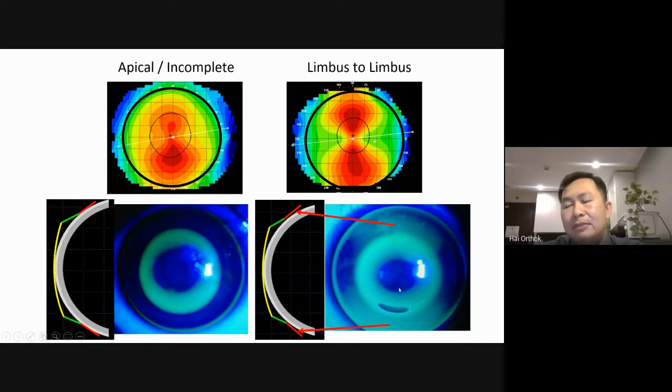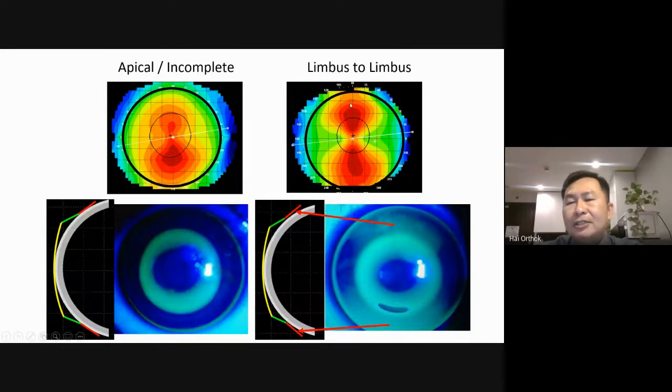However, if you apply the same spherical lens on the limbus-to-limbus eye, you will see a channel of tear at the 6 and 12 o'clock positions, which means the entire system of the cornea right here is dipping out, but the toricity part is lower.